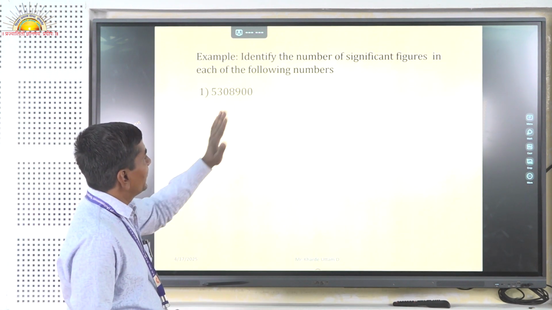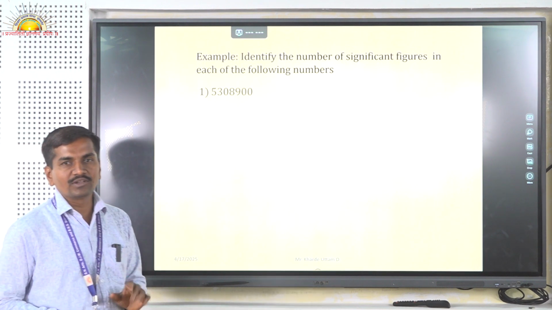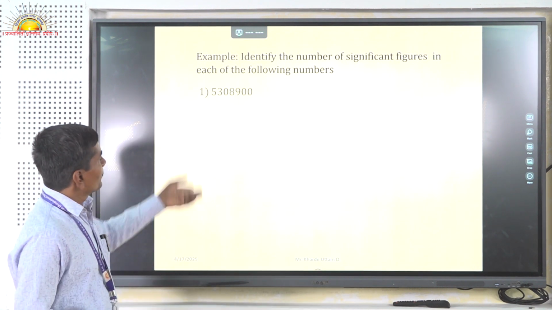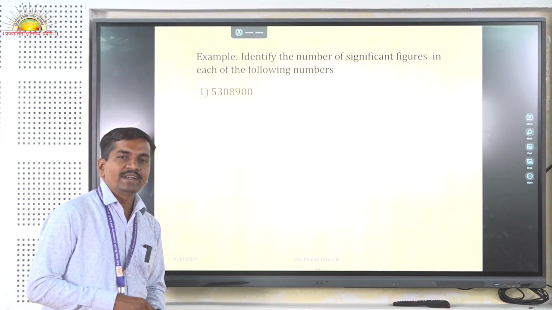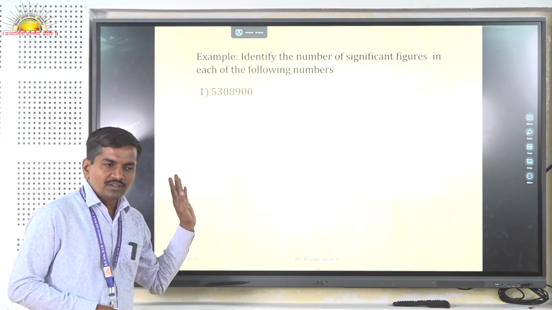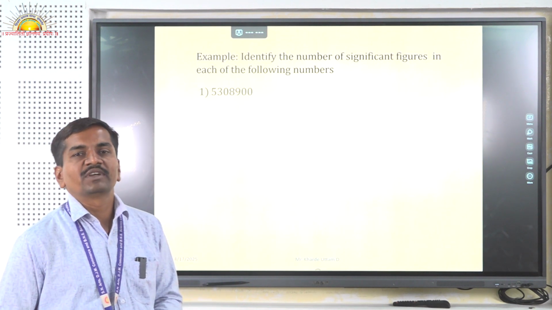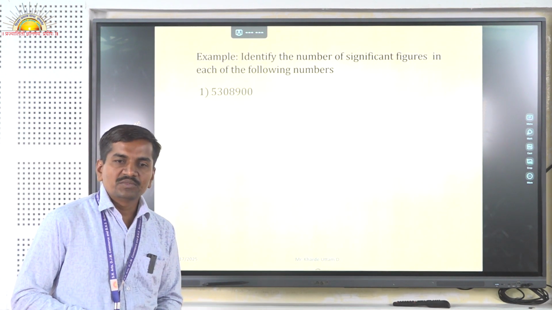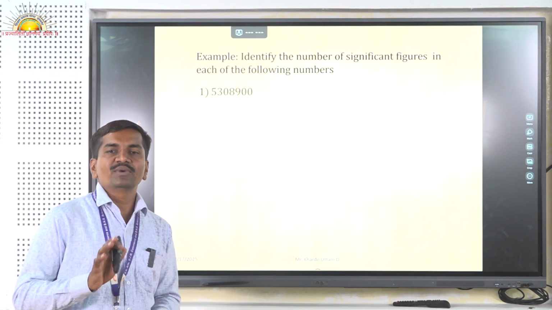Now we discuss some examples to identify the significant digits in a given number. Identify the number of significant digits or figures in each of the following numbers. The first number is 5308900. Let us recall the first rule: any non-zero digits in a number are always significant.